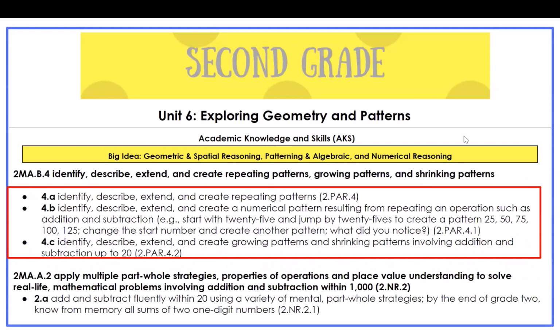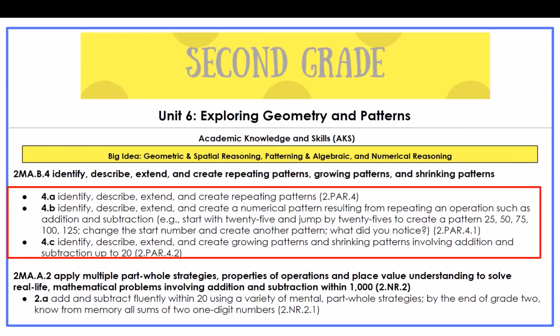In Units 2 and 4, students identified, described, extended, and created numerical patterns resulting from repeating an operation, such as addition and subtraction. We will continue this work with IOA 4B during Unit 6.